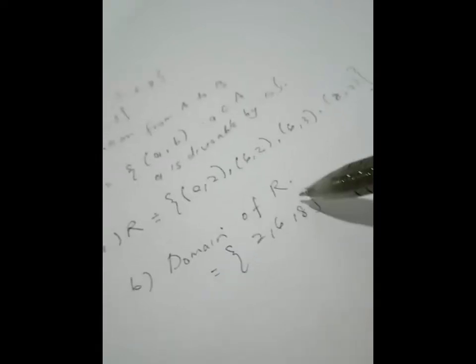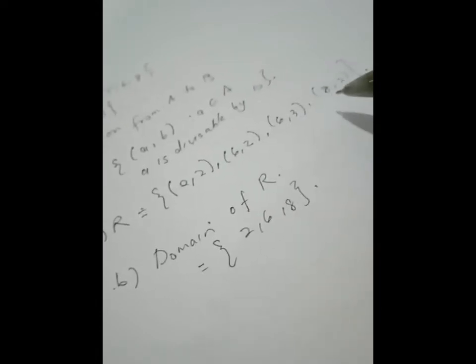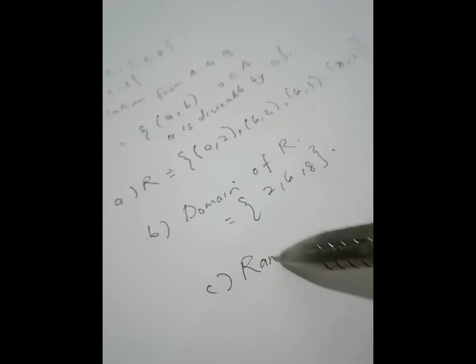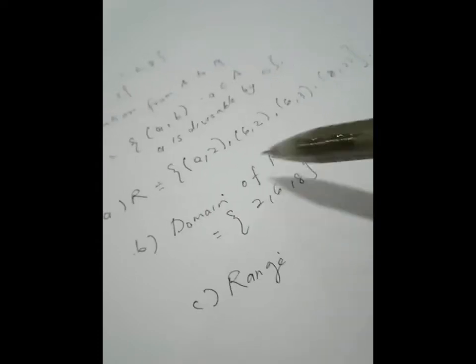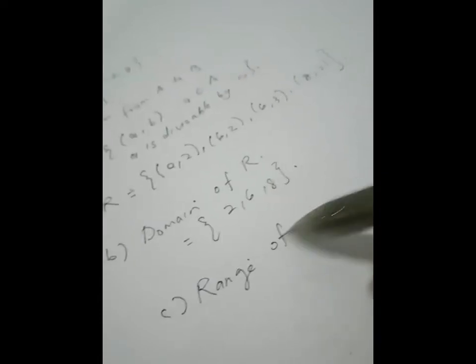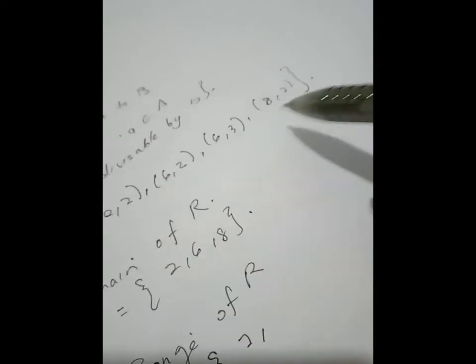This is the starting point in the pair of coordinates. Okay, range, what is range? Range is all the ending points, meaning the y values here. So the range of R is given by 2 and 3, because we have only 2 and 3 here.